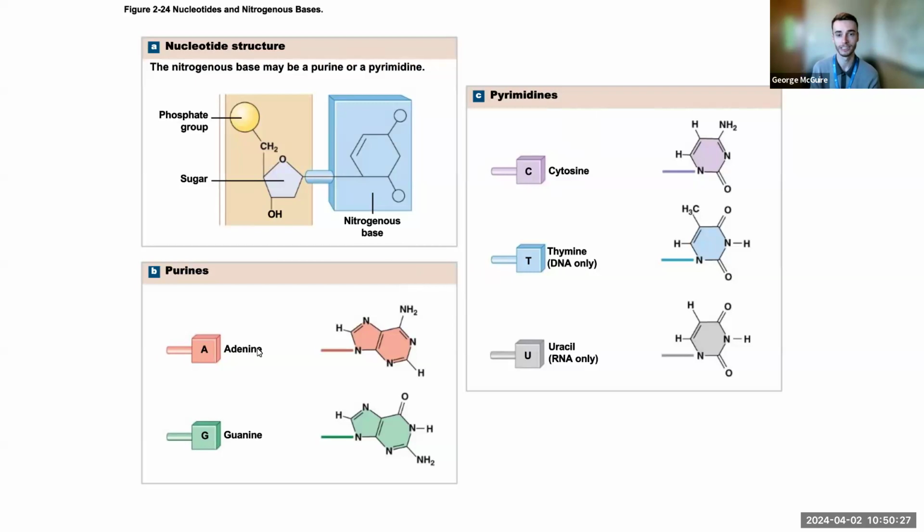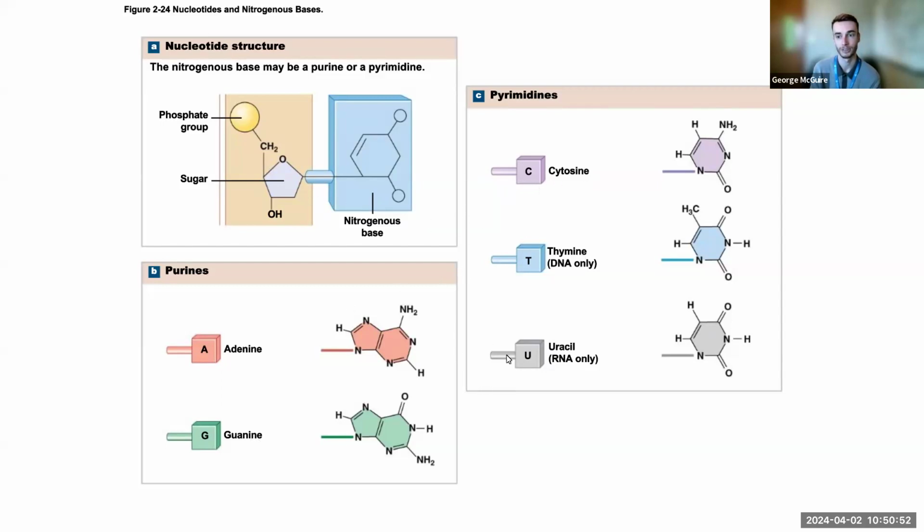What you will need to know is that A forms bonds with T and G forms bonds with C and vice versa. And so then when looking at transcription, if we are reading the template DNA and there's an A, RNA is going to have U instead of T. So adenine bonds with thymine or uracil, guanine binds with cytosine, and vice versa.